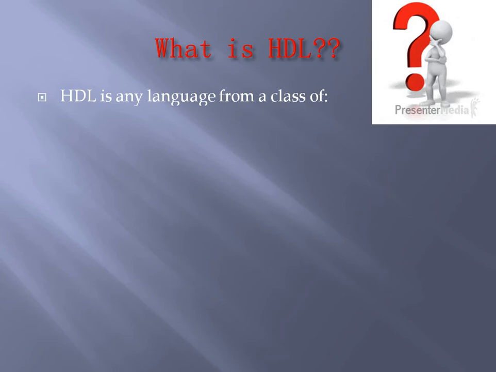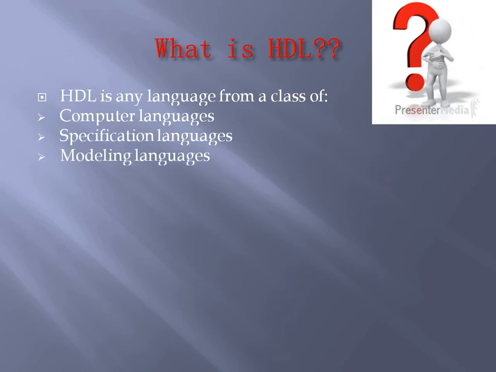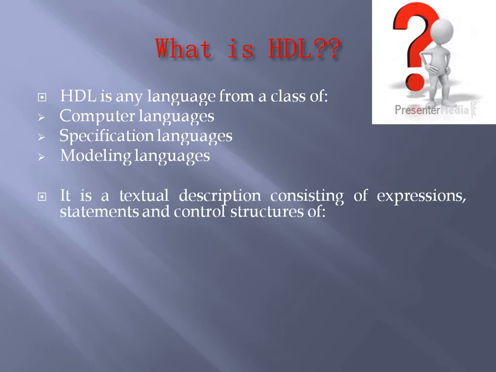First, let me ask you, what is HDL? Can anyone answer? Just think of what is HDL. Let us see. HDL is any language from a class of computer languages, specification languages, modeling languages.